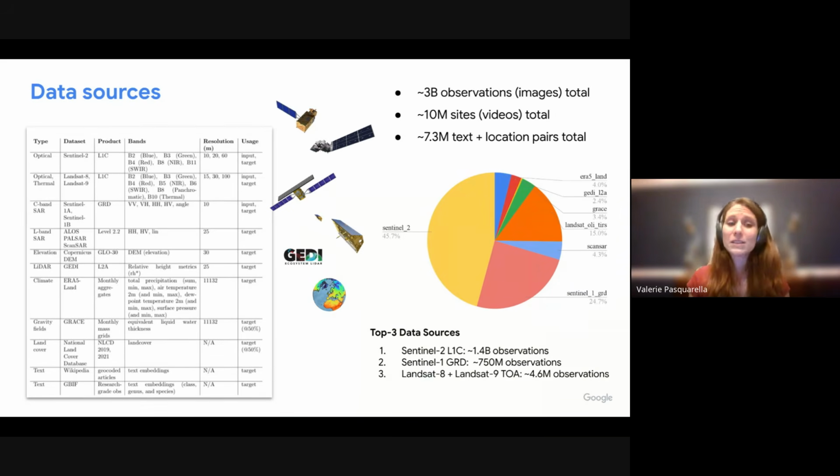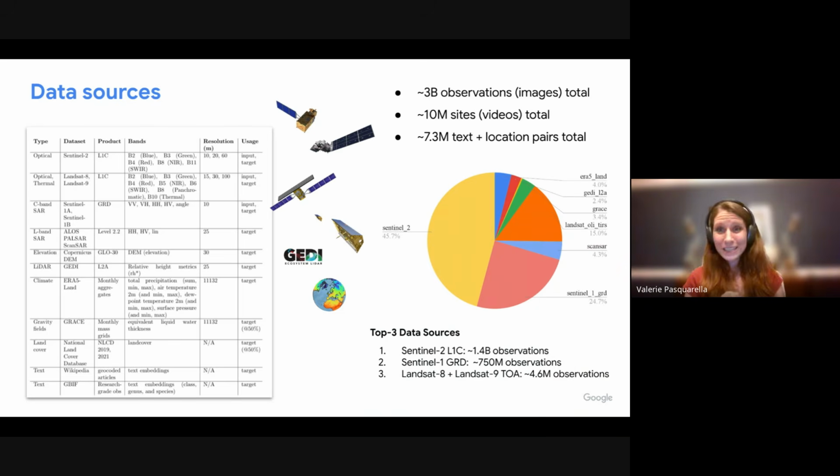We've got some land cover information for some weak supervision. And we also assimilate information from text sources. So we use geolocated records from Wikipedia and species observations and their associated species record from Wikipedia tied to the points from the GBIF, or Global Biodiversity Information Facility database. All of this is used in our learning process.